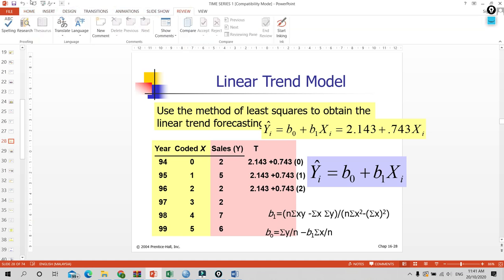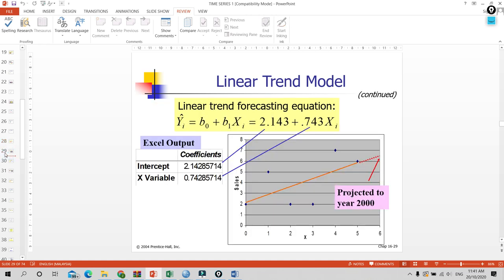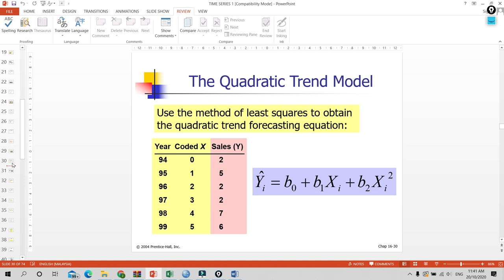Next, we try to go to this trend line, so then you can draw the curve there. Next is the quadratic model. Just now I used a linear line, but you can also use a quadratic model.